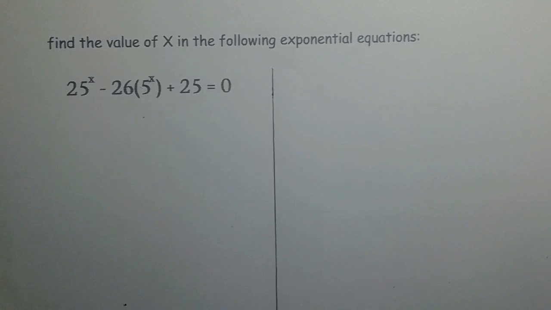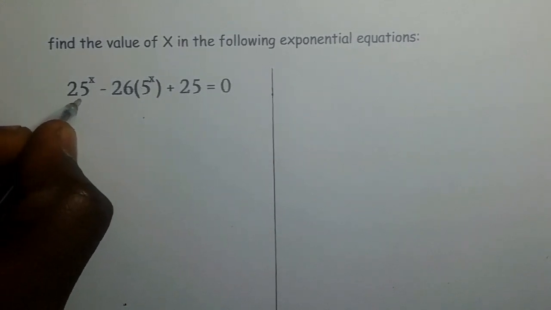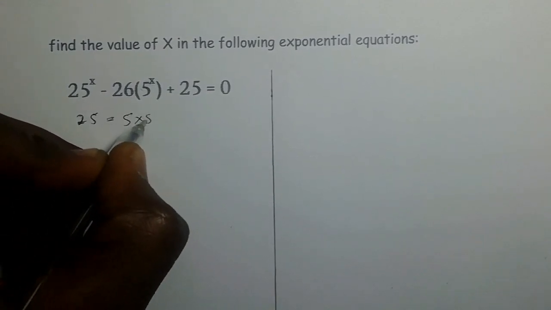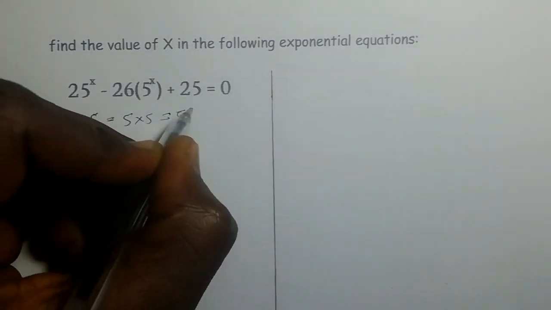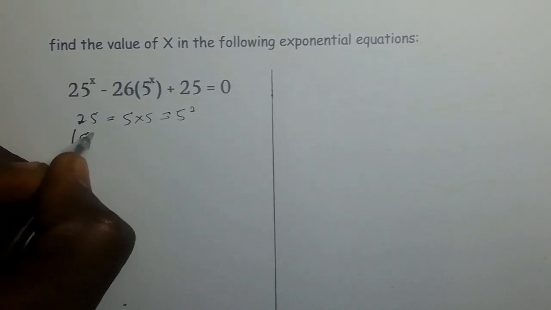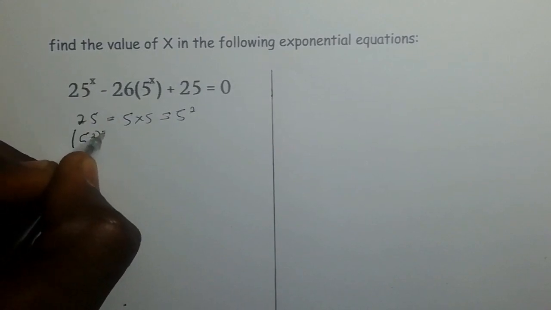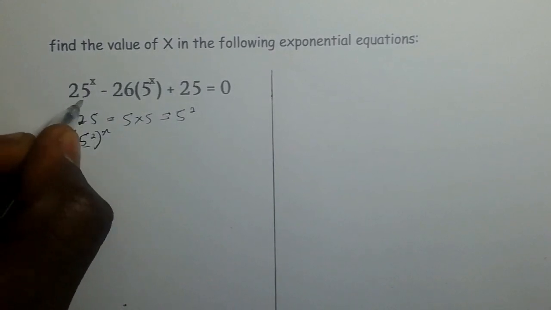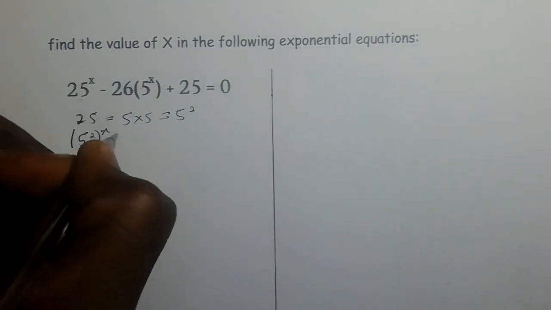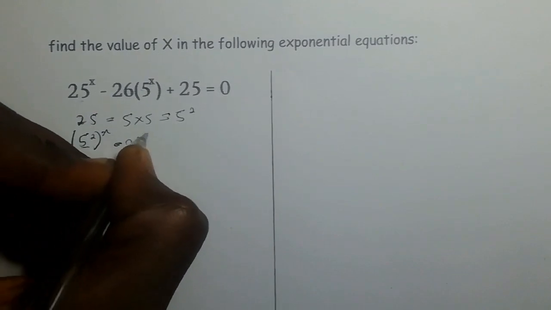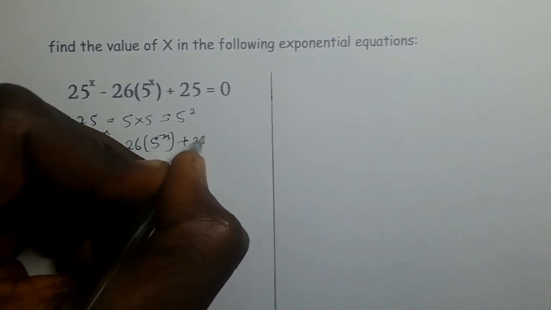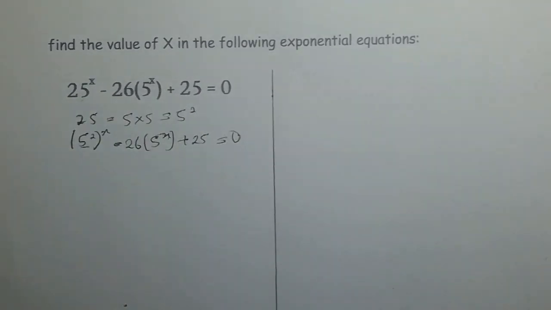We can start by putting this 25. It's just 5 times 5, that's 25, which is 5 squared. So you can replace this 25 with 5 squared in the bracket, then the power x, minus 26(5^x) plus 25 equals 0.